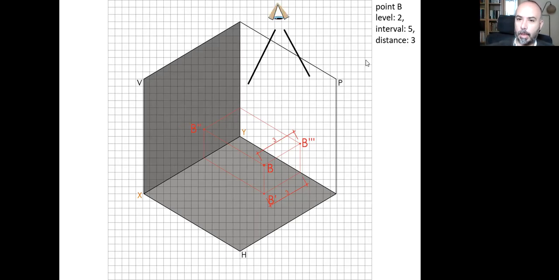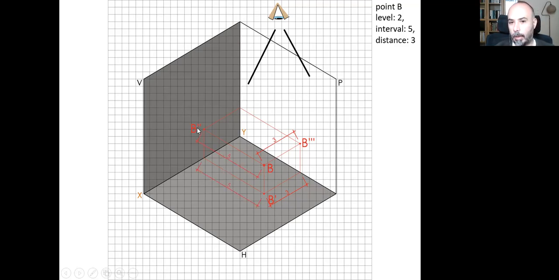When I try to see the system from above, I realize that this length here, which we call distance, is the perpendicular length between the point B and the profile projection plane. It is equal to the distance between the B triple prime and the profile projection plane. They are the same.